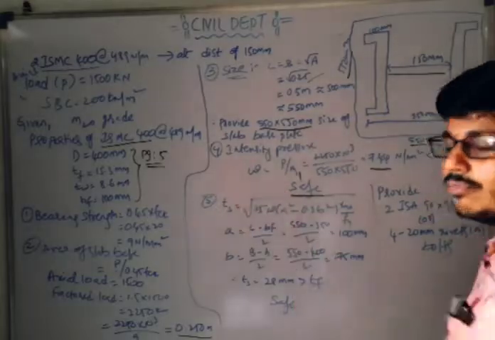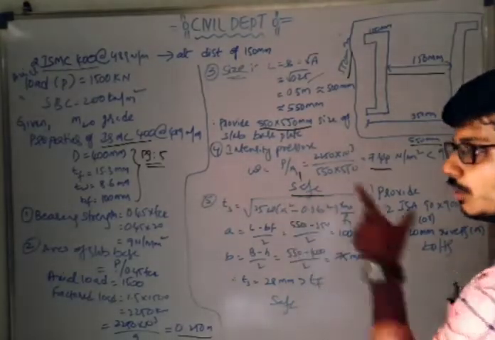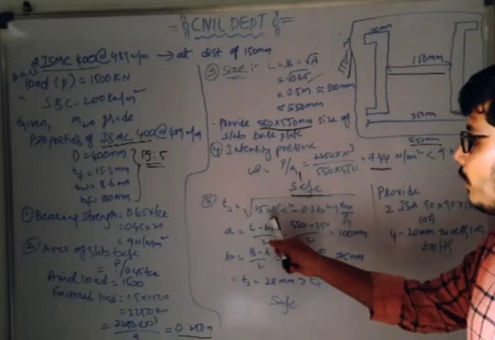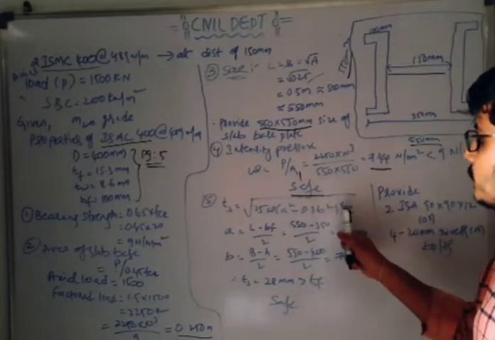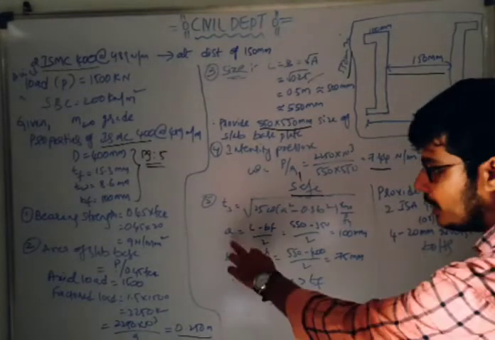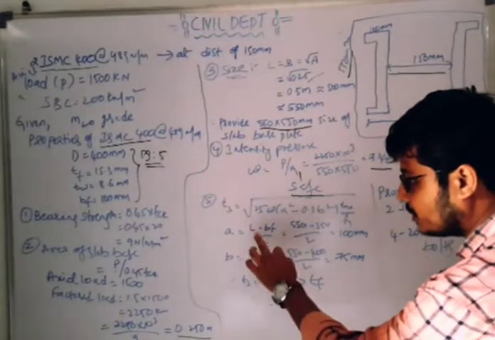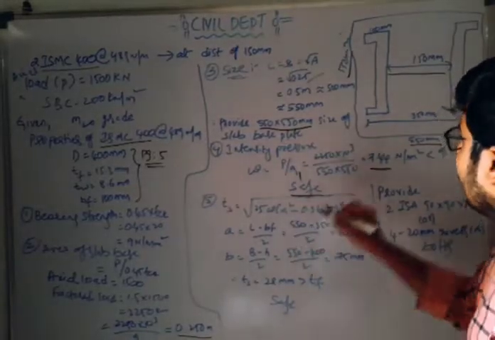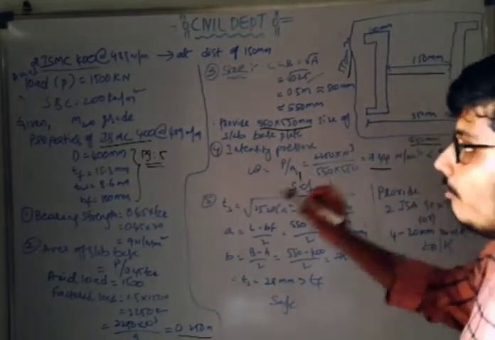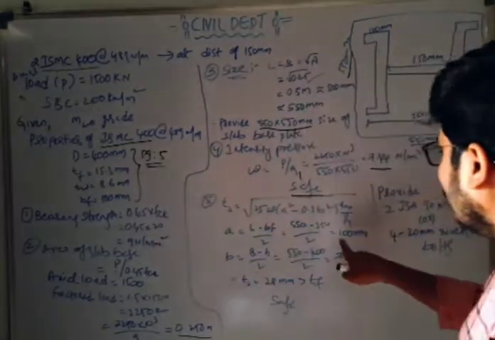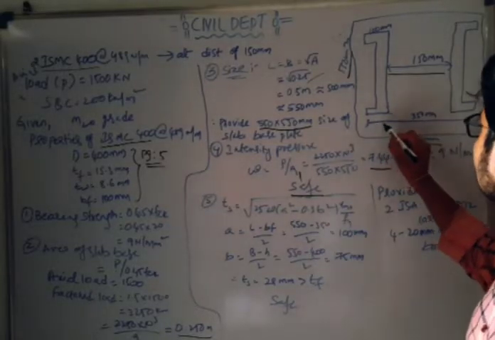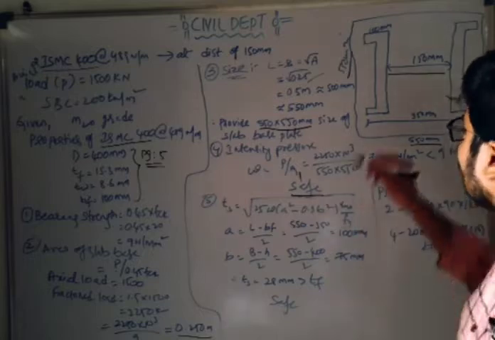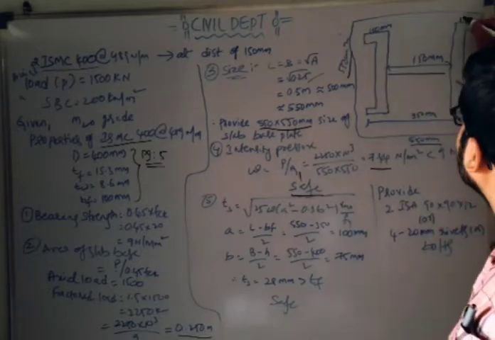Next, thickness of slab. From page number 53 of the code book, we have t = root of 2.5 w (a square minus 0.3 b square) gamma m0 by fy. Here a is the larger projection and b is the smaller projection. a is the slab base plate length 550 minus BF 350, the width of flange. Here 350 is this distance: 100 plus 150 plus 100.